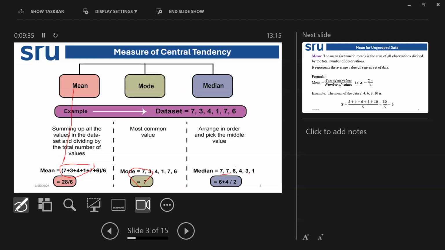So whenever you have an even number, take the middle two and average them. Correct. Because while calculating the median, sometimes you may have an even number of observations. So whenever we have an even number of observations, we have to calculate the average of those two numbers.